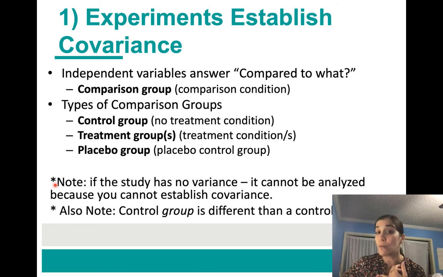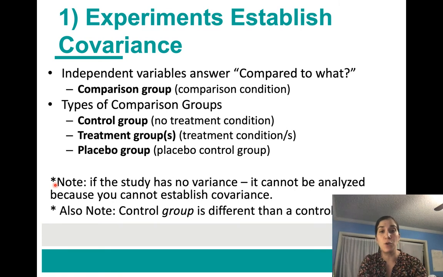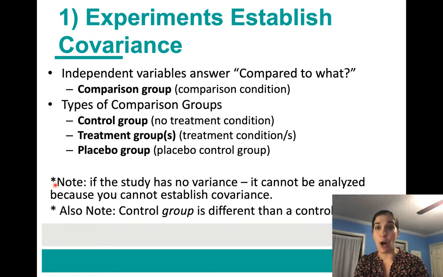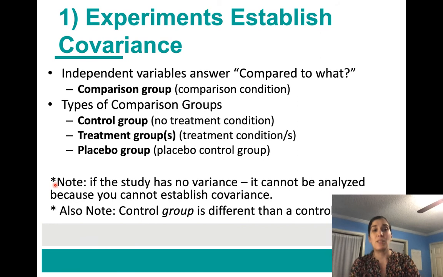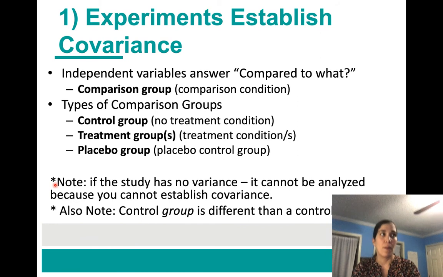We have control groups. Control groups are where you have a group that doesn't get a treatment at all. And so this is super common in designs where you put somebody into some sort of situation, and then the other person, you just give them your measure. So let's say I want to understand the effect of watching happy movies on depression.